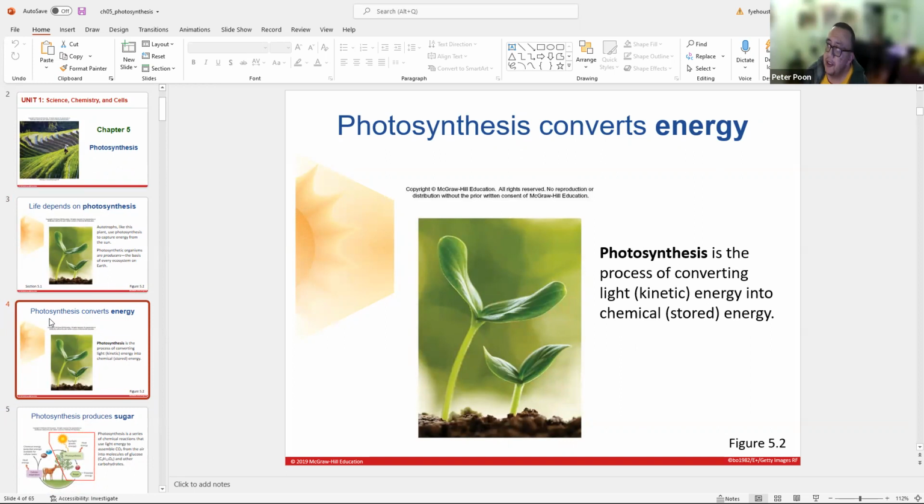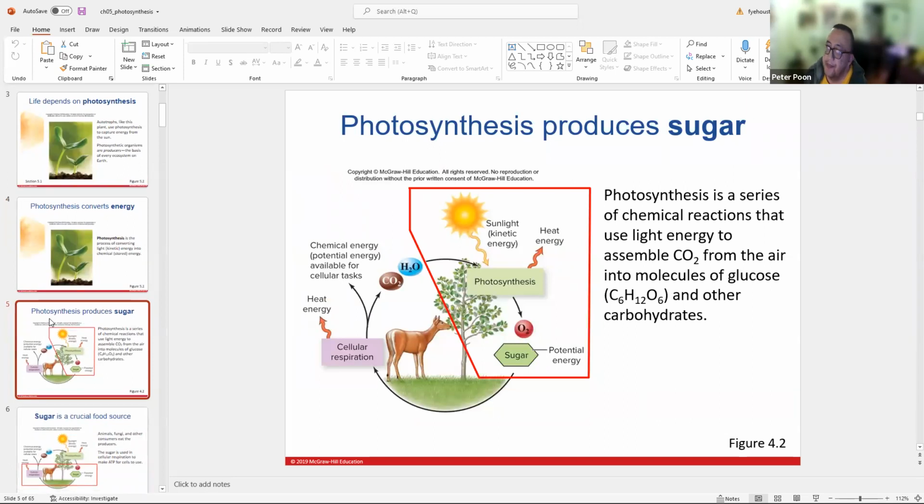Photosynthesis is a process of converting light, kinetic energy, into chemical stored energy. Photosynthesis is a series of chemical reactions that use light energy to assemble CO2 from the air into molecules of glucose and other carbohydrates. The way we explain photosynthesis is pretty simple.